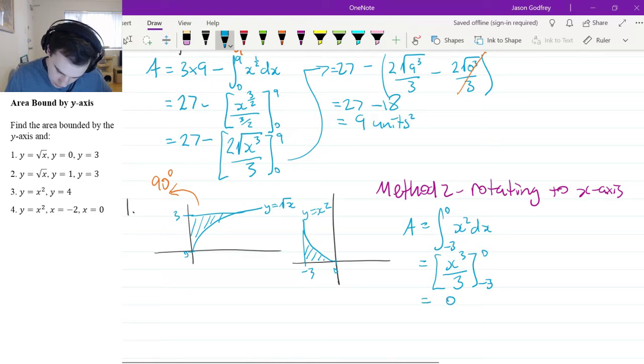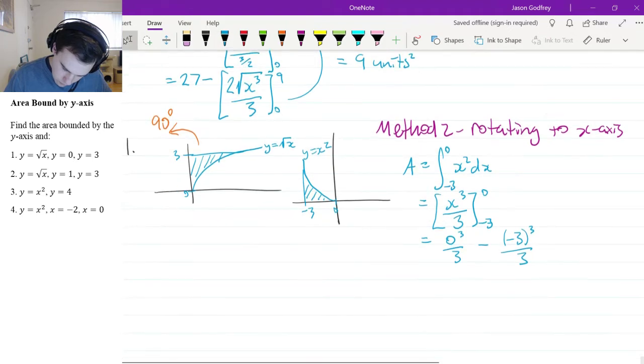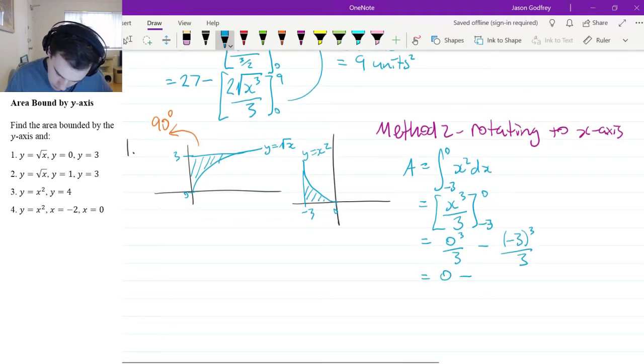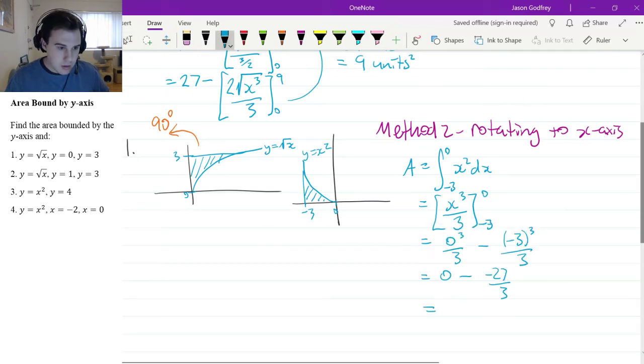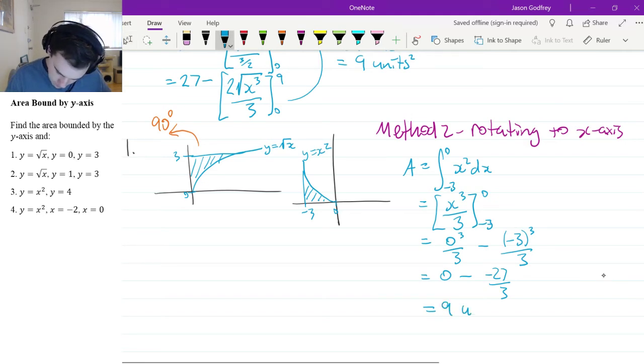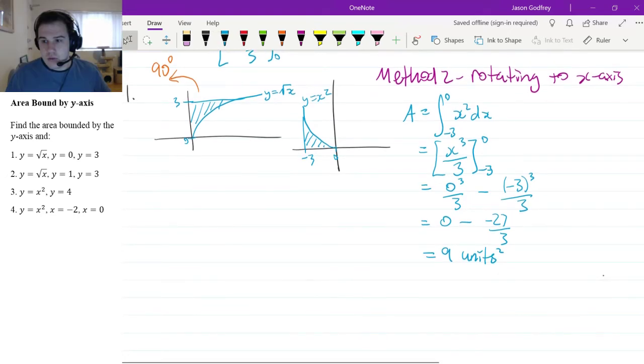From -3 to 0, we'll sub in 0, minus sub in -3. 0 minus, that's -27 on 3, minus becomes plus, and 27 over 3 is again 9 square units. Right, so we were able to rotate it onto the x-axis, if you can kind of see that visually.